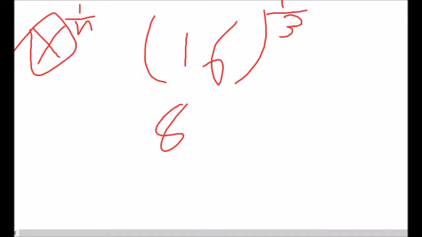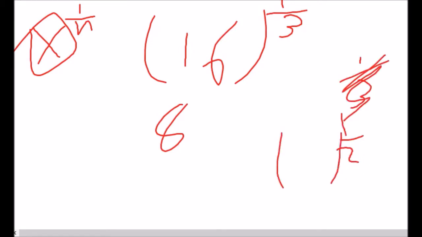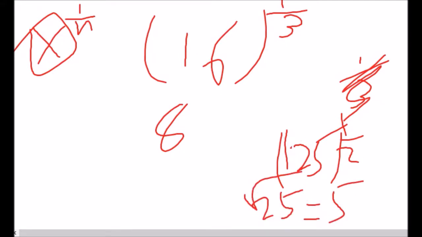Or if you're doing the square root of, let's say, 125, well, 25 goes in there, and the square root of 25 equals 5. So you could break that up pretty easily.